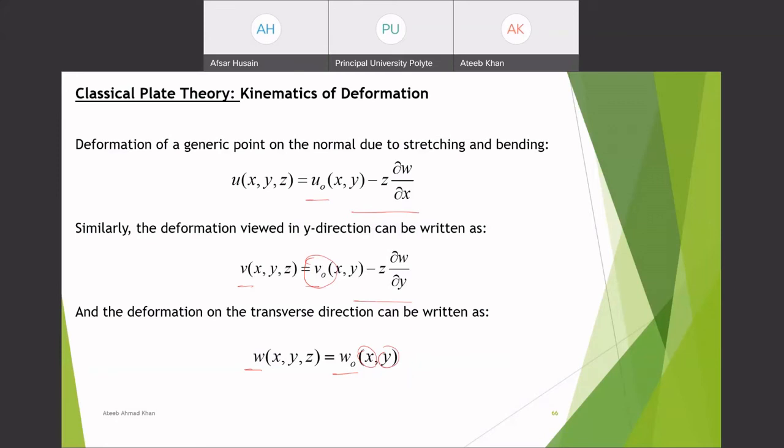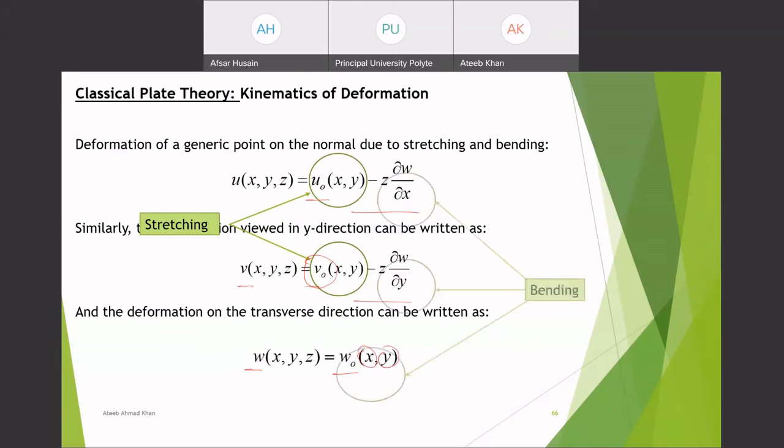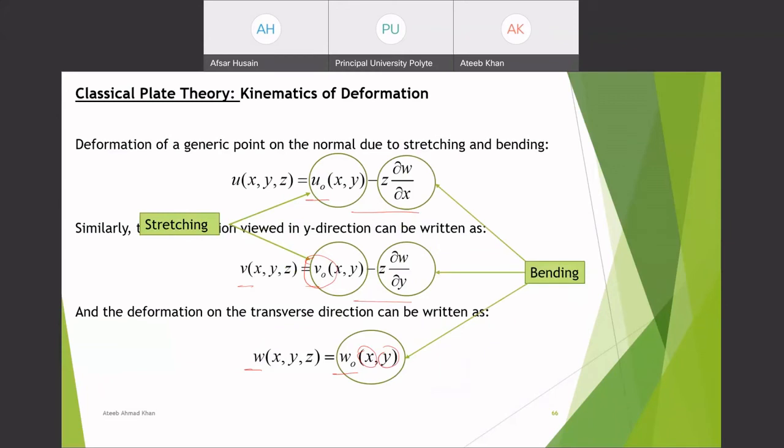Now, it is interesting to see that these are the components contributed to the displacement field because of the stretching, and these are the deformations coming out of the bending part. Again, by looking at the displacement field, you can see how the assumptions have been satisfied.